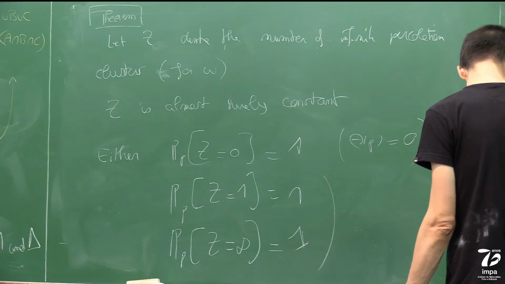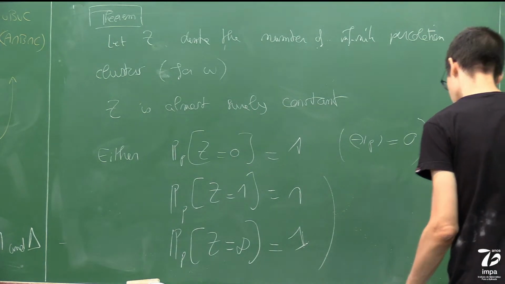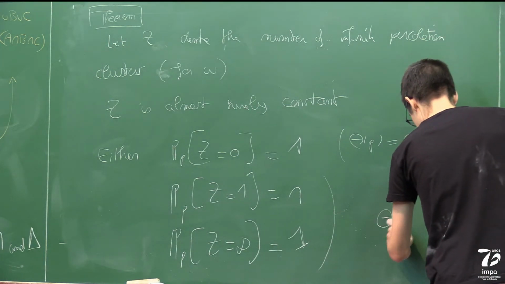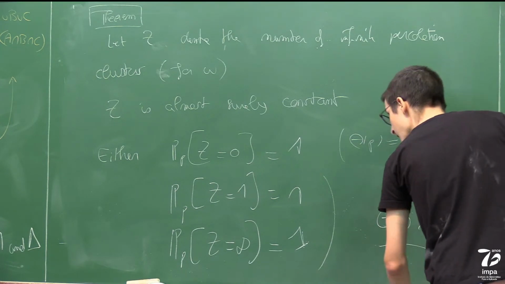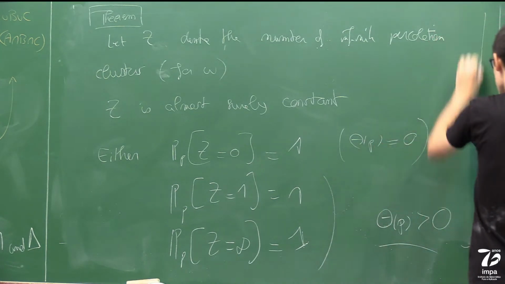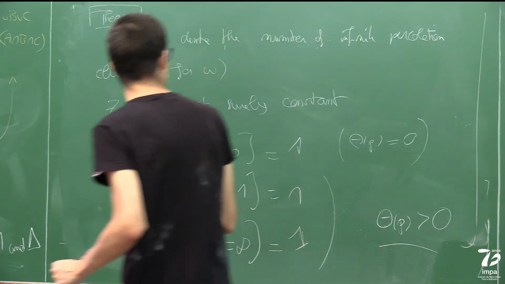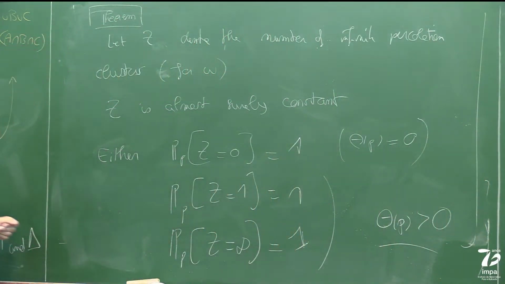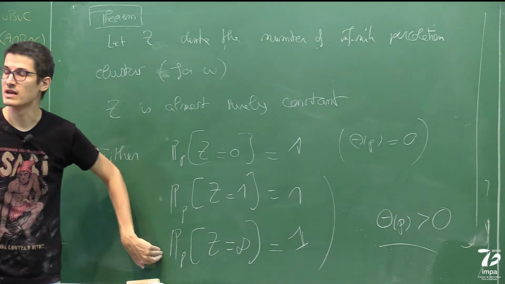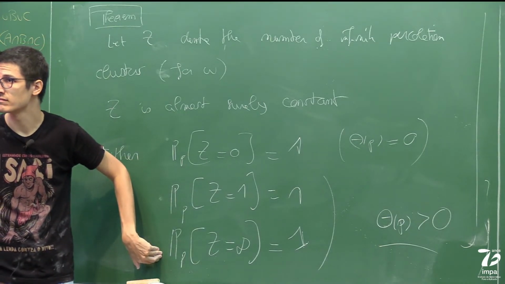And this is, okay, when theta p is positive. Okay, so basically if you have a graph which is invariant by translation, you either have 0, 1, or infinitely many connected components.